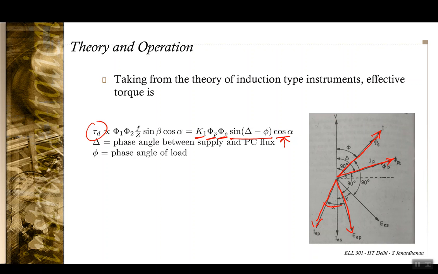Now the sine of this is delta minus phi. Okay, so that is the eventual deflecting torque that is being produced.